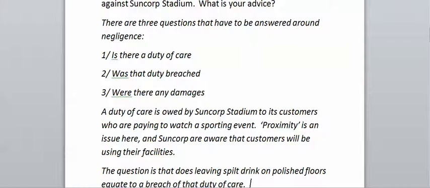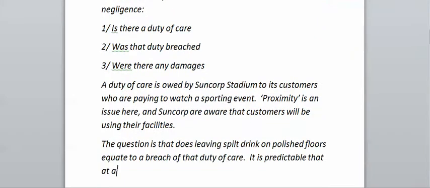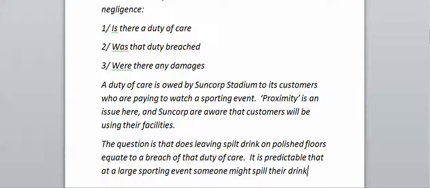But I'm going to use one of the second line things, and that is around foreseeability. So foreseeability means predictable. Okay? So it is predictable at a large sporting event that someone might spill their drink and make the area dangerous.